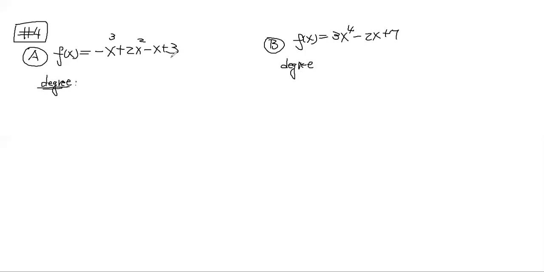Remember, the degree is the highest exponent, correct? The highest exponent here is 3. The highest exponent here is 4. So the degree for the polynomial in part A is 3, and the degree for the polynomial in part B is 4.